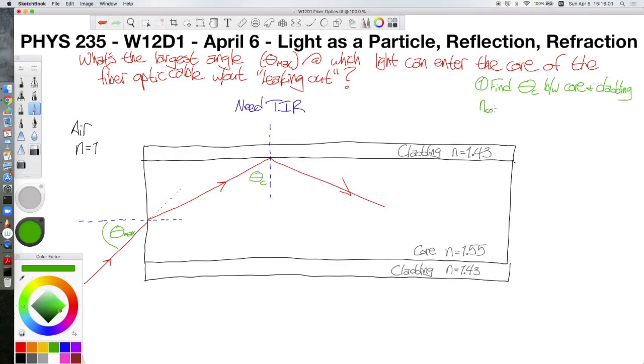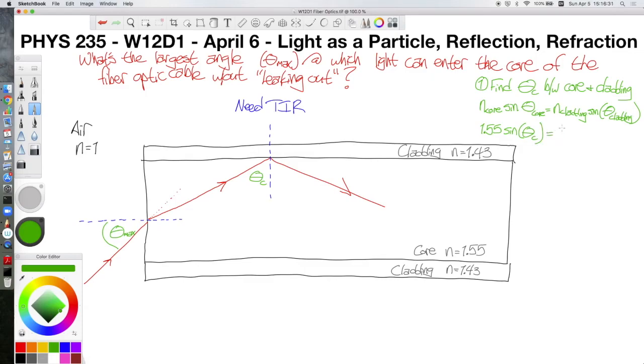So index of refraction of the core times the sine of the angle within the core equals the index of refraction of the cladding times the sine of the angle within the cladding. Well, we know the index of refraction of the core is 1.55, and this angle within the core is going to be our critical angle.